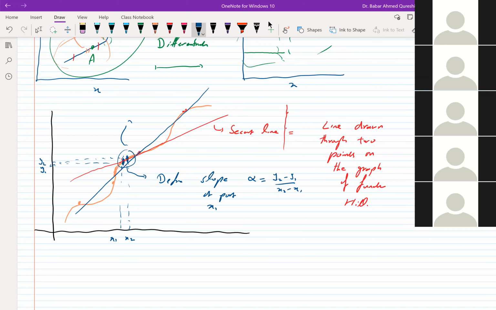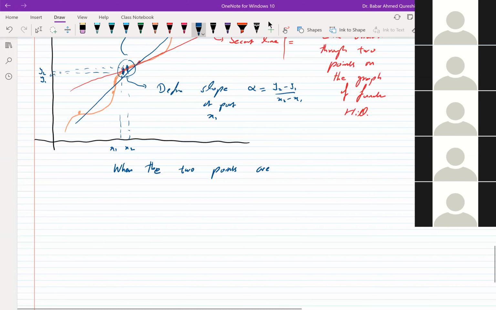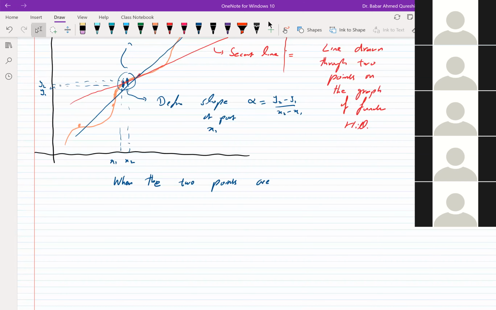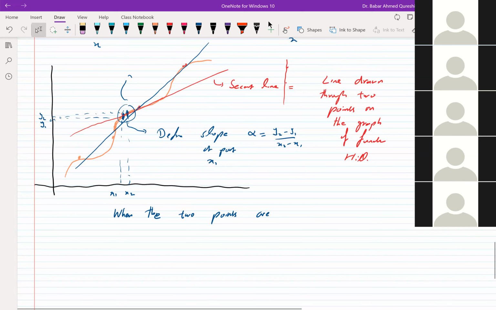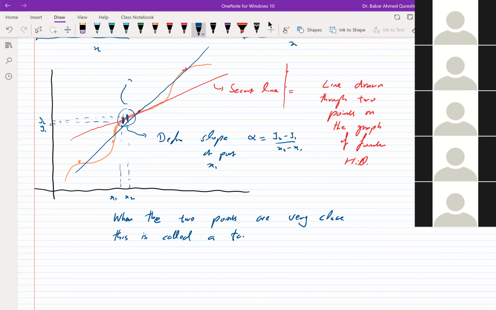Also, when these points are very, very close, you give the secant line a name. When the 2 points are very close, this is called a tangent line.